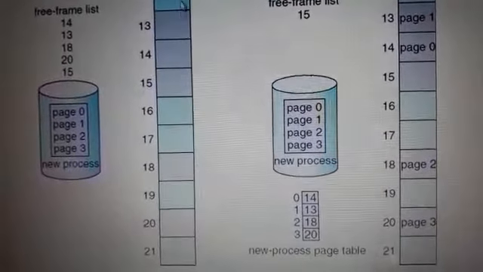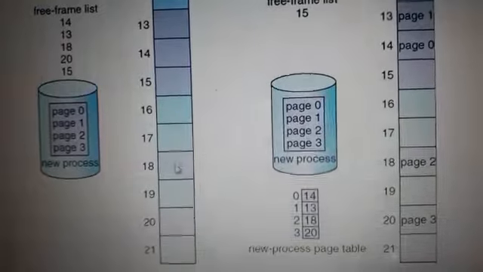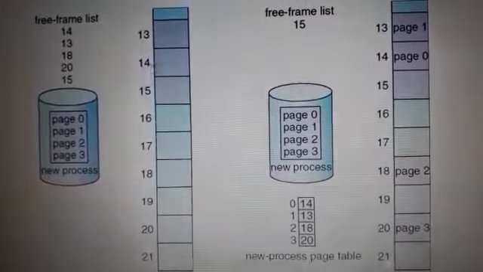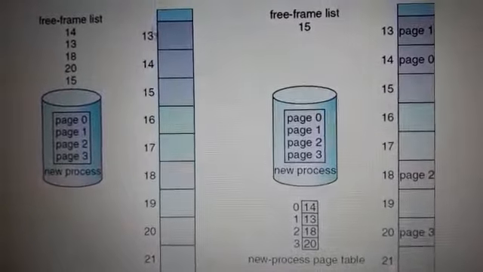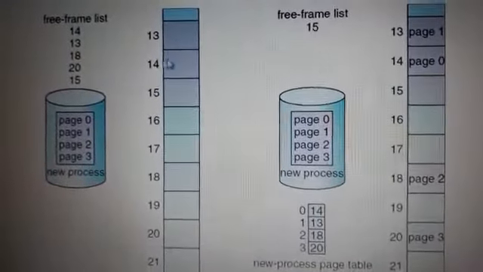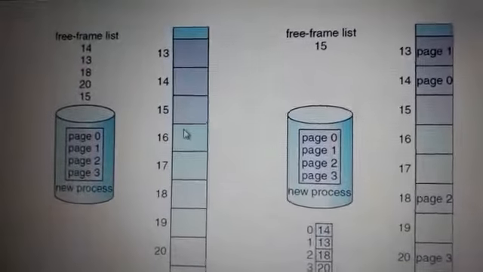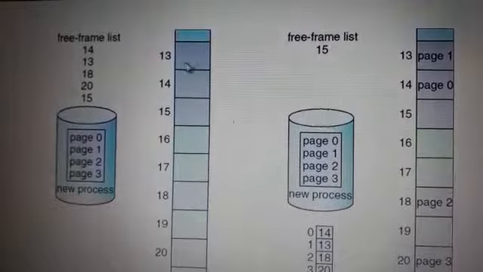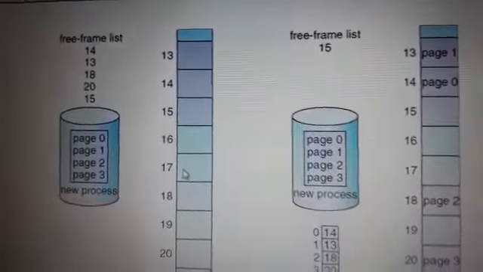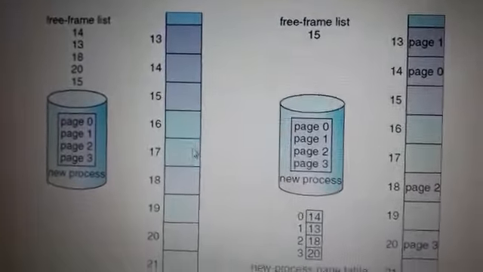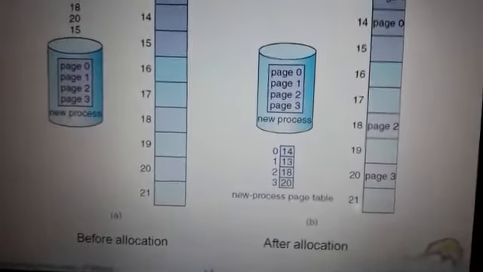Now here there are blocks of the physical memory, and these are the frame numbers, beginning from 13 to 21. You can see the difference in color here. Some are violet and some light blue, but all the frames are empty here. This is the before allocation diagram.